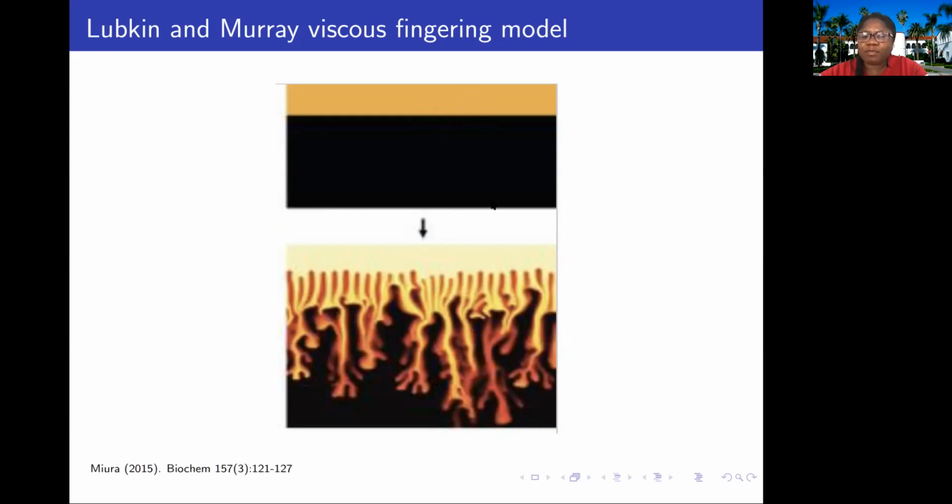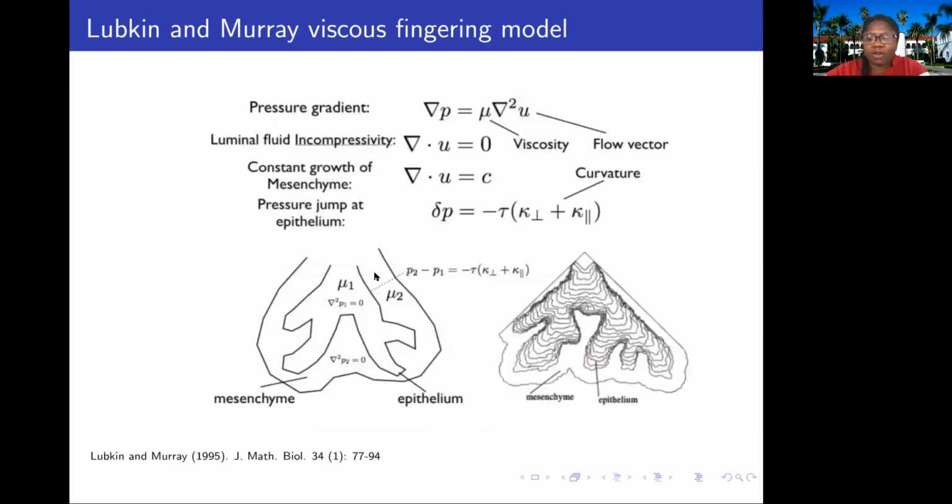When we started understanding the molecules that regulate branching, we all looked at this model and said, well, it's just a physical model. But now, because we know that there are molecules that regulate branching, we've been able to look at other types of models.